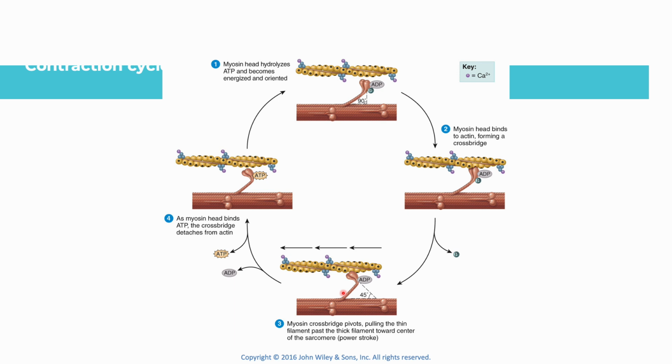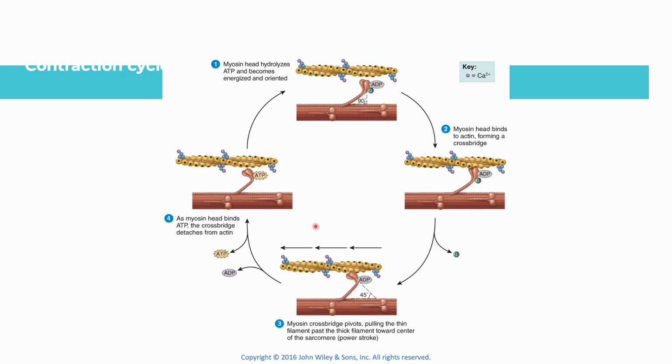As the myosin head changes to its new position, it pulls the thin filaments past the thick filaments towards the center of the sarcomere. And this is generating tension. It's generating force. This is what we call the power stroke. And the energy that's required for this power stroke we got from over here in step one.